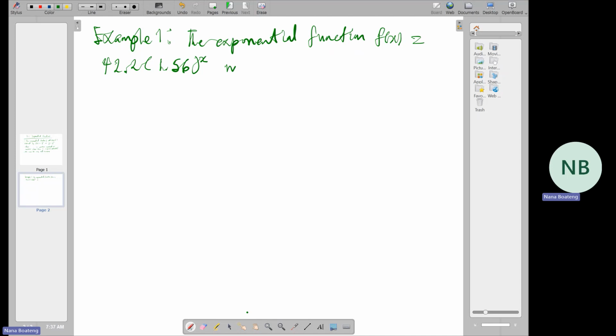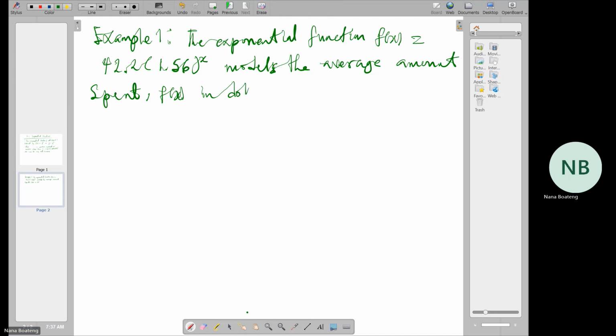Models the average amount spent, f of x, in dollars, at a shopping mall after x hours.